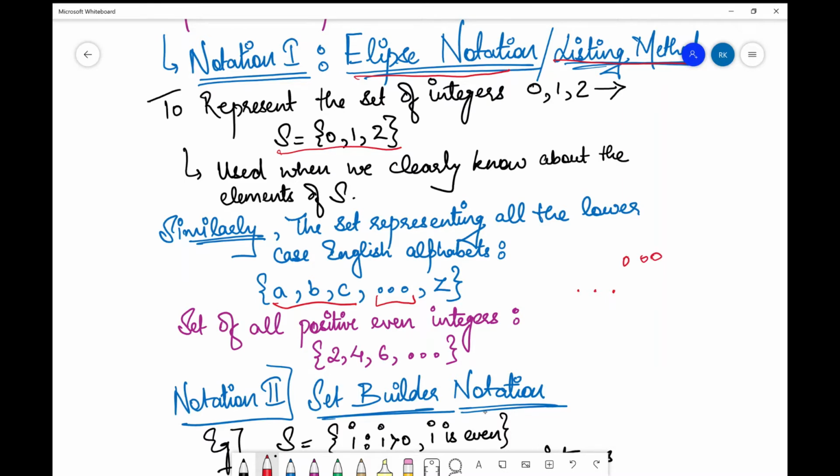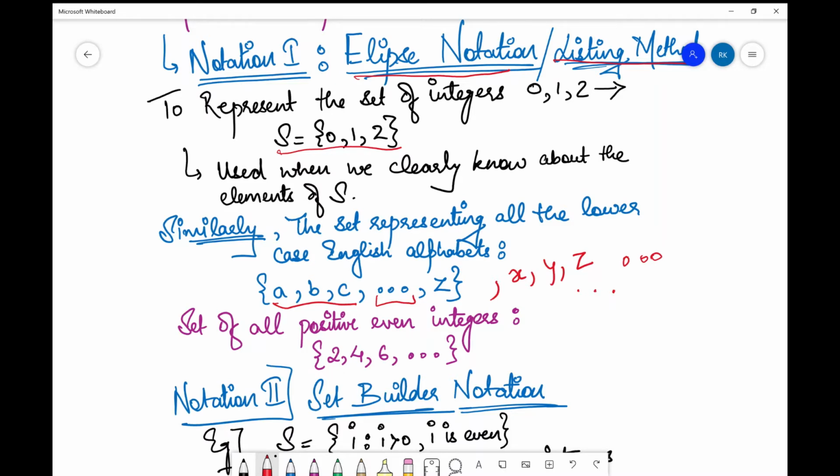So 3 continuous dots is the notation, and then you write down some of the last alphabets, like x, y, z, with the 3 dots before that. So this is another way of writing it.